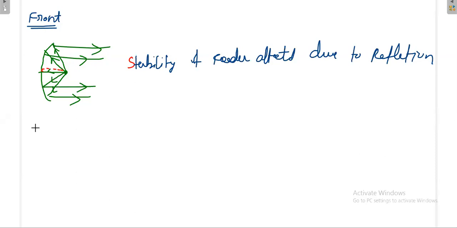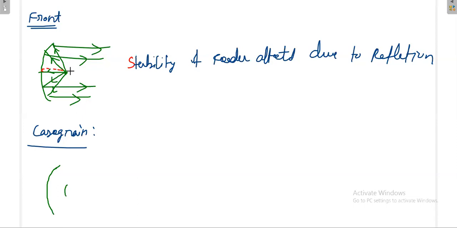The next feed is the Cassegrain feed. Here, instead of one reflector, they are using two reflectors: a main reflector and a sub reflector.